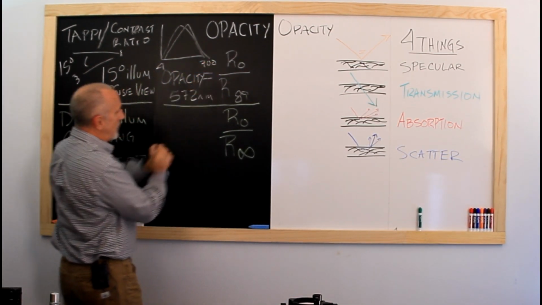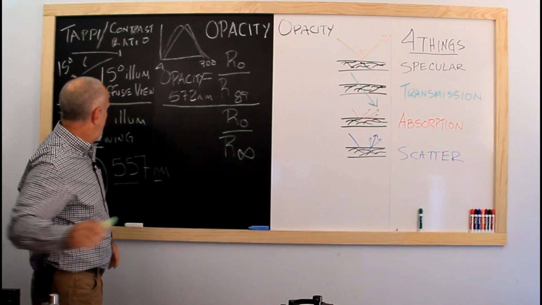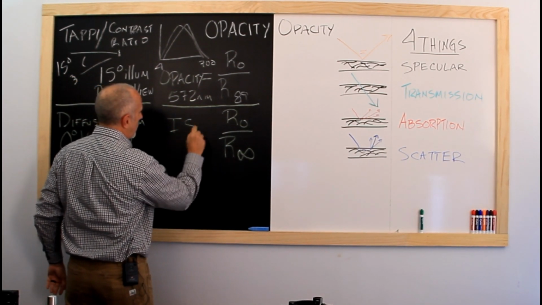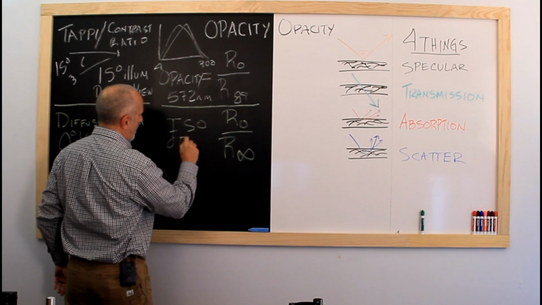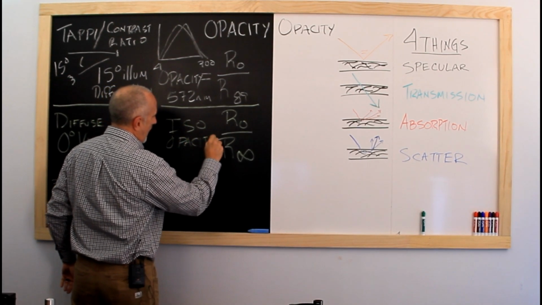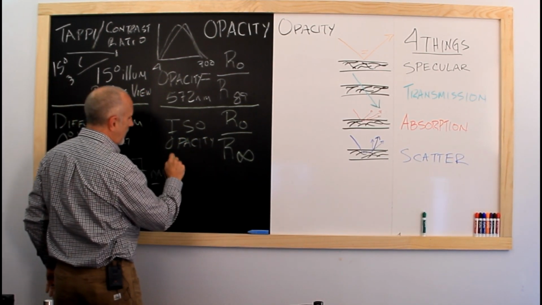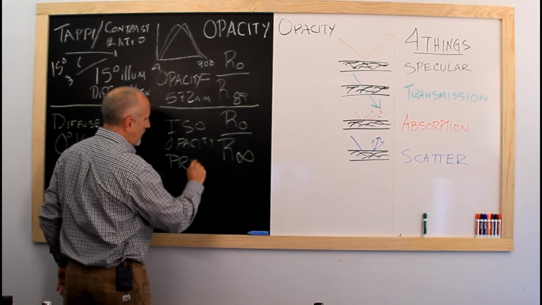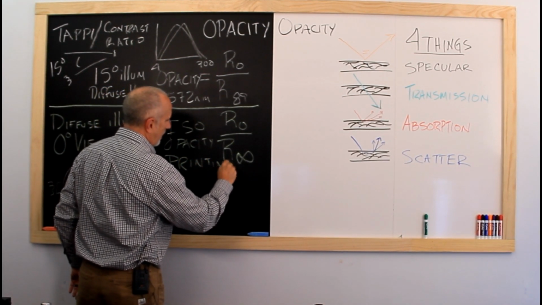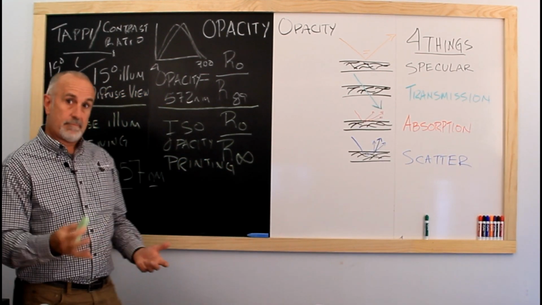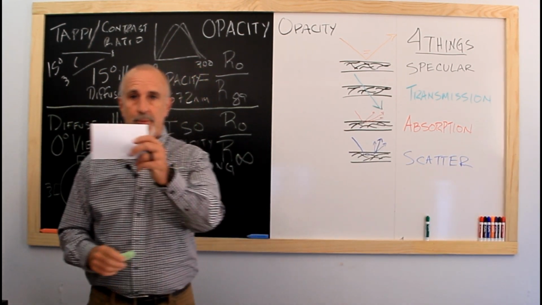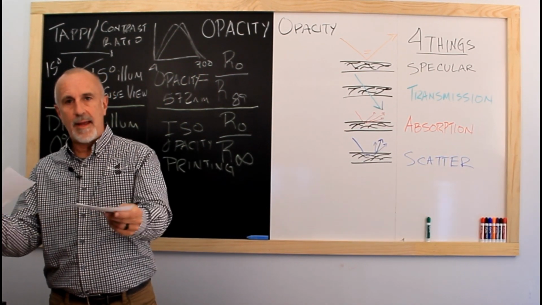So you have those two things. This is called ISO opacity, but sometimes you will also see this referred to as printing opacity, because it mimics the printing application where you've printed this and now you've got a light material behind it.